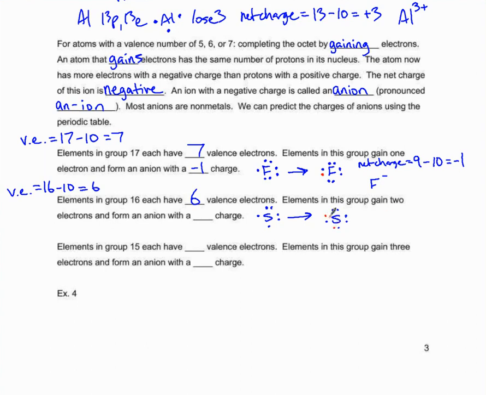So now it's got 8 electrons. And let's look at its net charge. So it has 16 protons, and this one has 16 electrons, but the ion has 18 electrons. 16 minus 18 says it has a -2 charge.